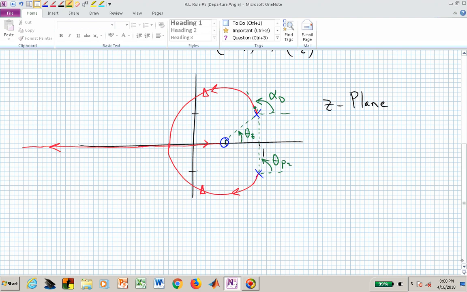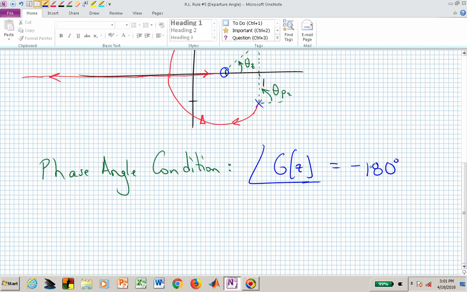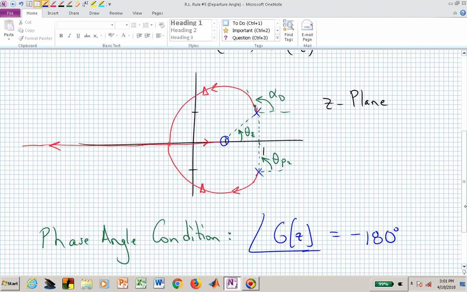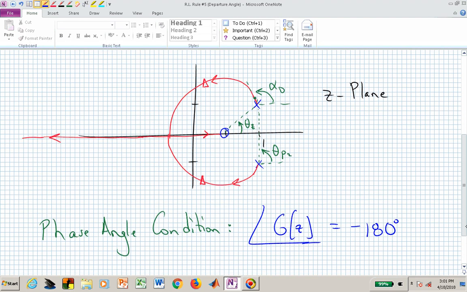And now from the phase angle condition, we know that the angle of G of z, in order for the points z to belong to the root locus or to be anywhere on that red pattern in the z-plane, has to be minus 180 degrees. Using this angle of G equaling minus 180 allows us to actually solve for alpha sub d.